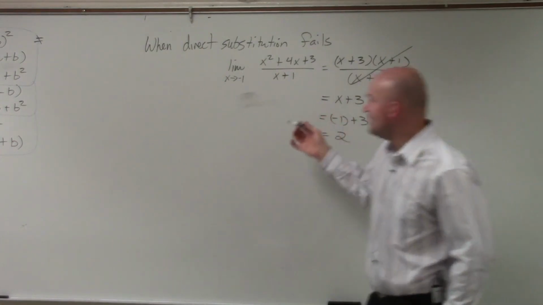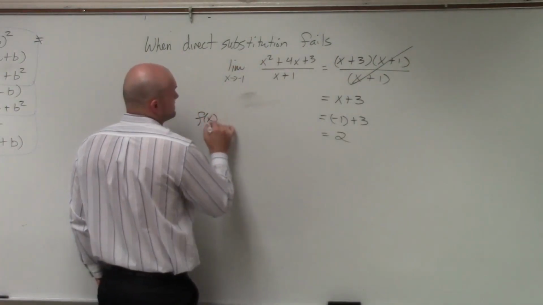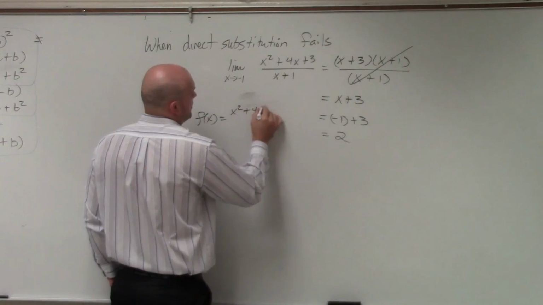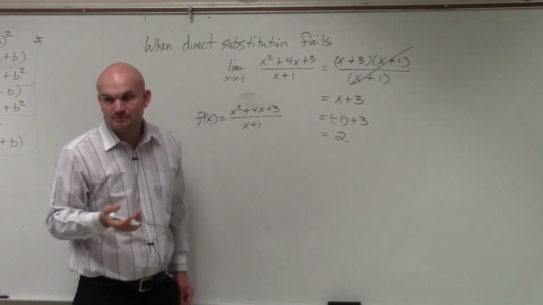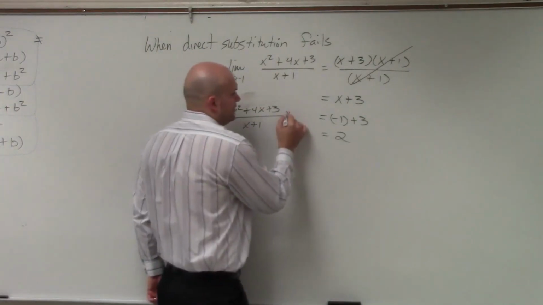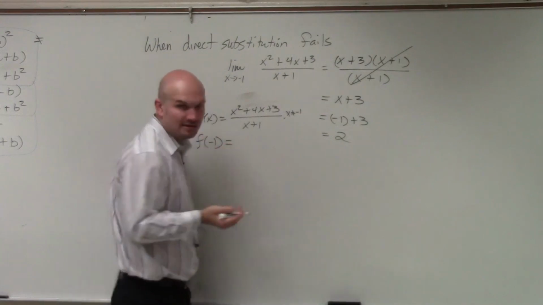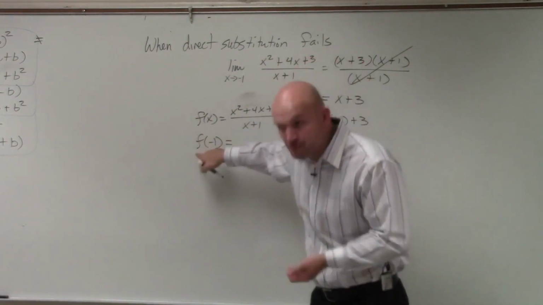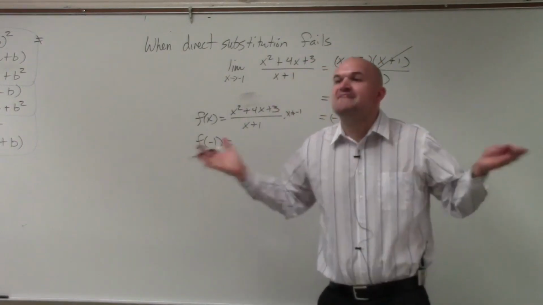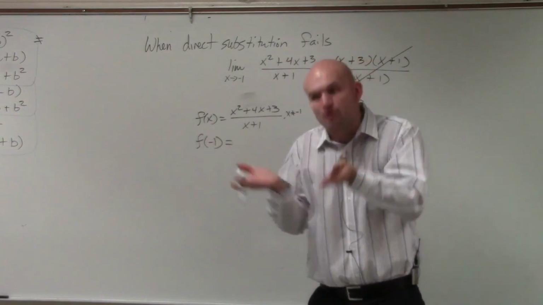This is just saying f of x, if you were to look at this function f of x equals x squared plus 4x plus 3 over x plus 1, what is the value x cannot equal? -1, right? X cannot equal -1, meaning we can't do f of -1, right? So that's all I'm saying, is you can't plug in -1 to find the value of the function. But we're not finding the value of the function. We're finding the limit, what the function is approaching, right?